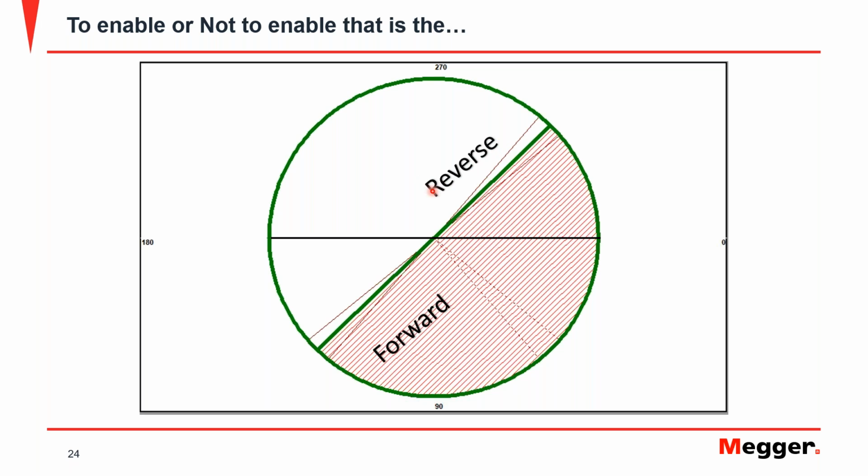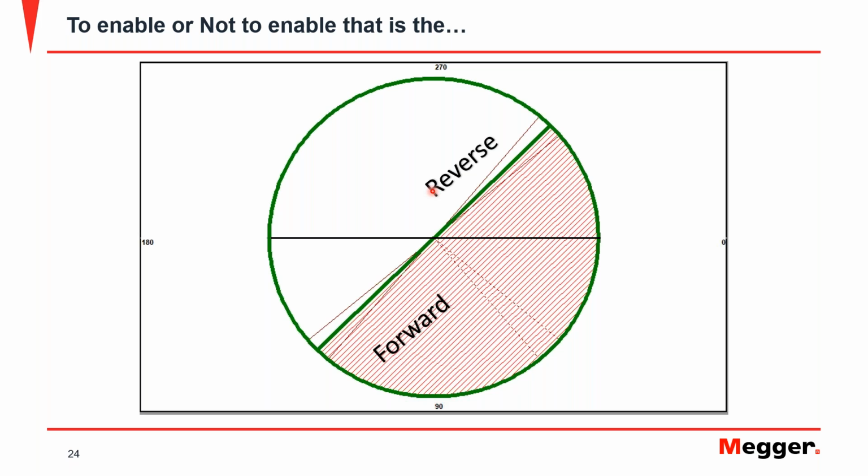And I like to put forward and reverse instead of trip, no trip, because we could be using the 67 element to enable trips in the reverse direction rather than forward.